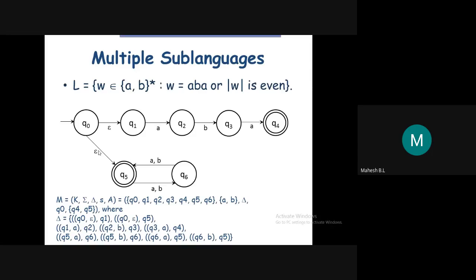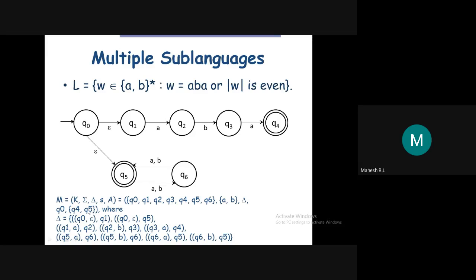Q5 is the accepting state. I have not read anything, initial length 0, and length 0 is even, that's why it is accepted. Later 1, 2, 3, 4. Every time you are in state Q5 means the string is of even length.